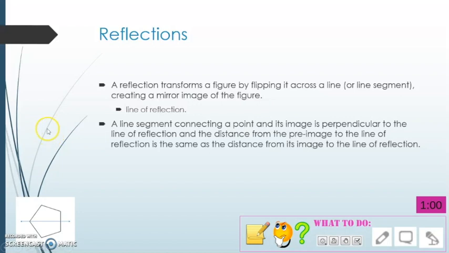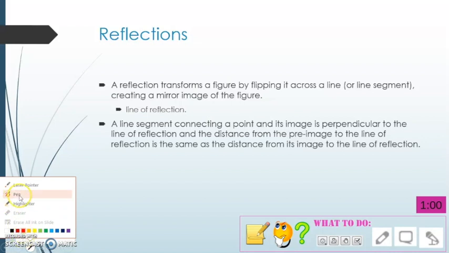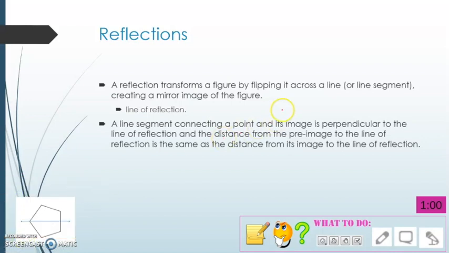So let's talk about the first one, reflections. A reflection is a transformation that flips the figure across a line. That's the main goal of it. If that helps you remember, a reflection is flipping. Key word. It creates a mirror image. You also have a line of reflection when you flip that image.